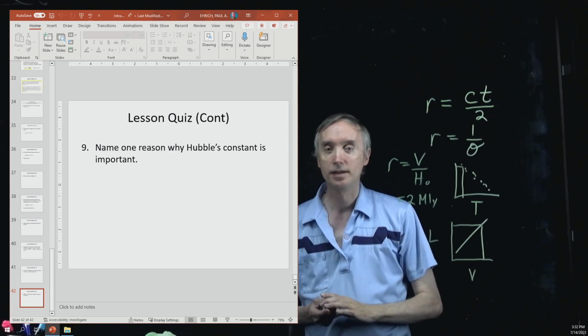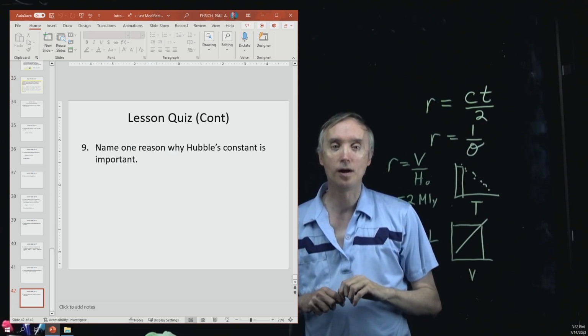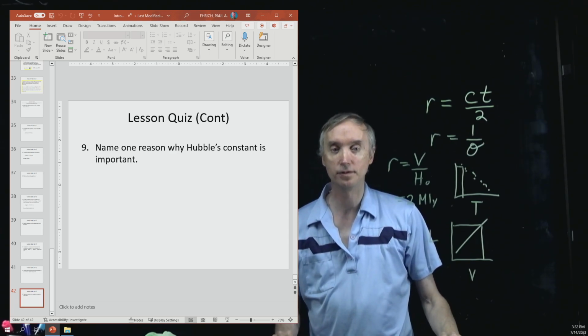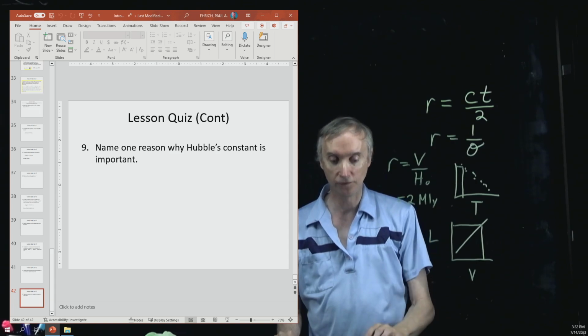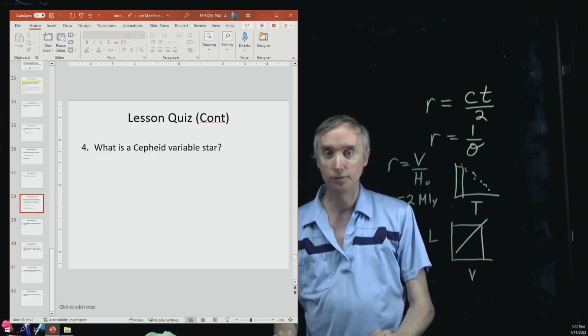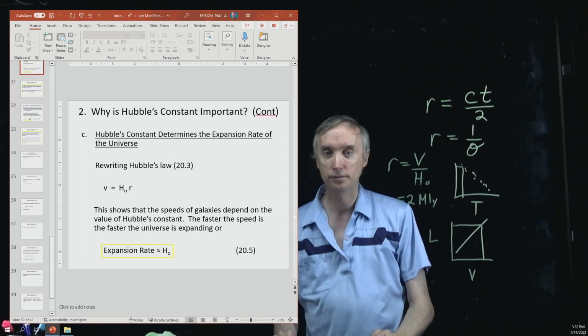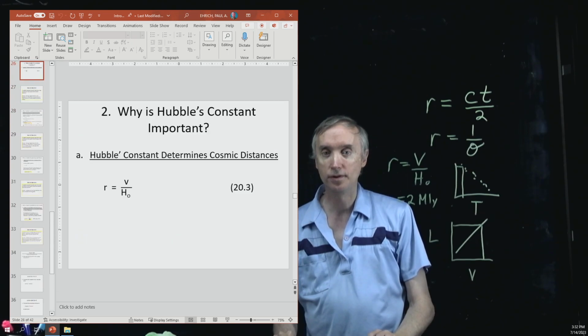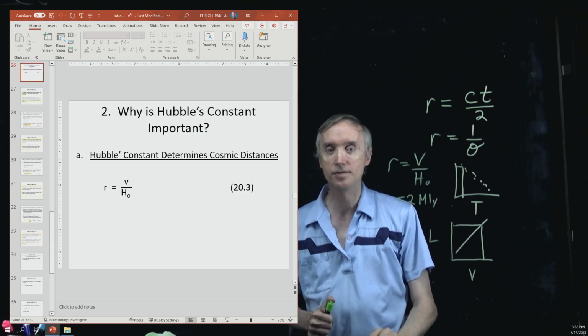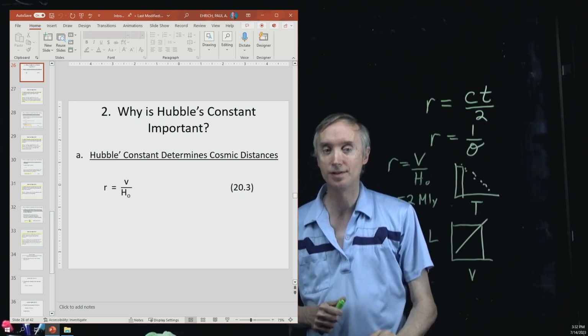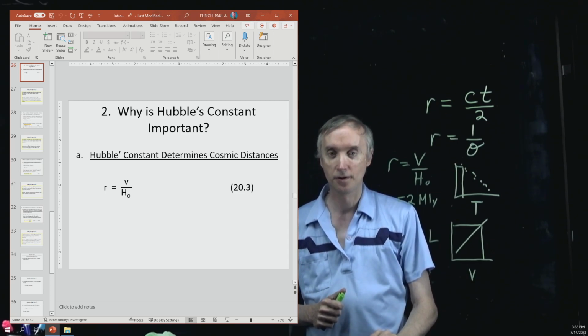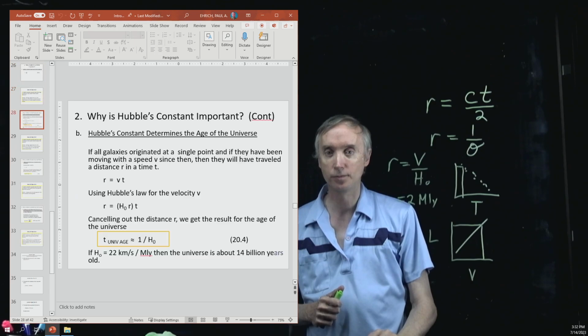Number 9, name one reason why Hubble's constant is important. And so we had 4 of them. All right, so if we go back up to here, reason number 1, Hubble's constant determines cosmic distances. Reason number 2, Hubble's constant determines the age of the universe.